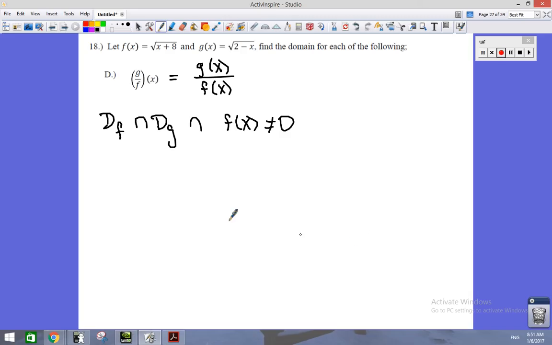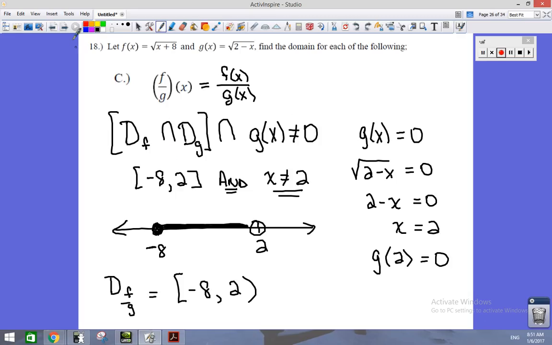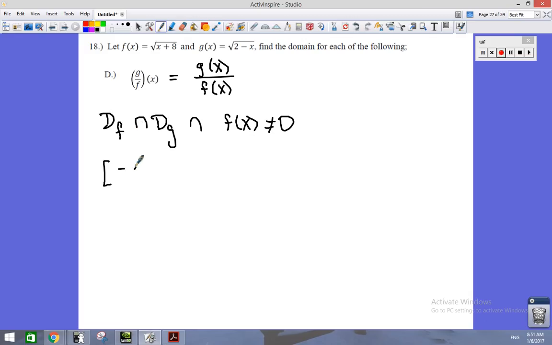Okay, so we've got our answer for the f intersected with g. We know that that's from -8 to +2. What we don't know yet is, is that going to change? Is there some value of x that's inside this interval that will cause this to be 0? If it's outside of it, it's not going to change.